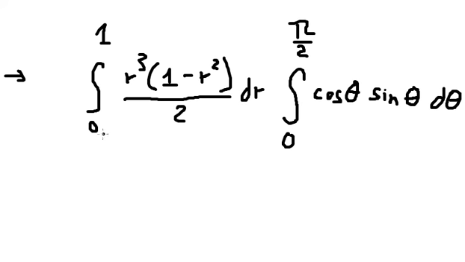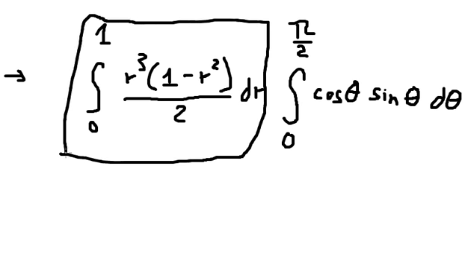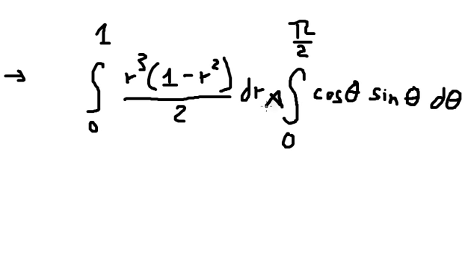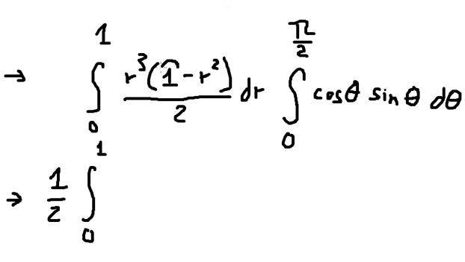So we need to find the value of this one and the value of this one. We multiply them with each other and you get the final answer. This one we need to expand and that should be like this. So we have r to the power of 3 multiplied by 1 and r squared in here.